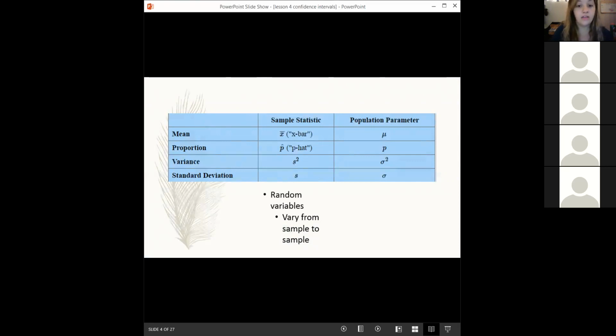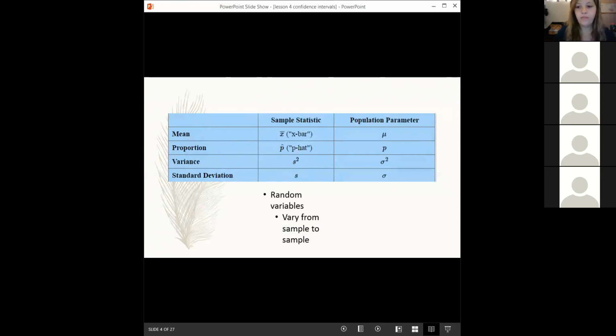But if you see the mu, we call it a mu, that's a population mean. This will come into play when you're reading equations and questions. You want to make sure you're picking out the right information so that you plug in the right numbers in the equation.